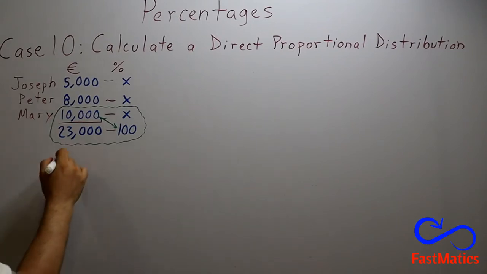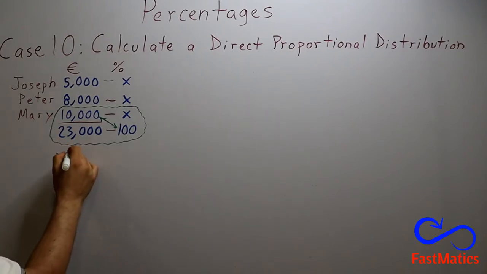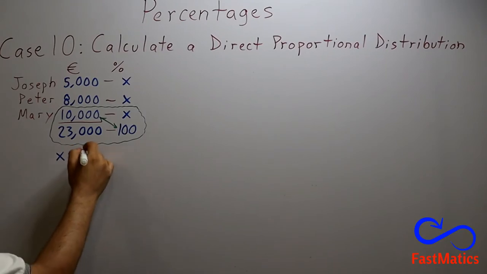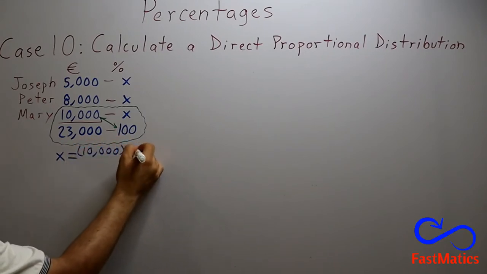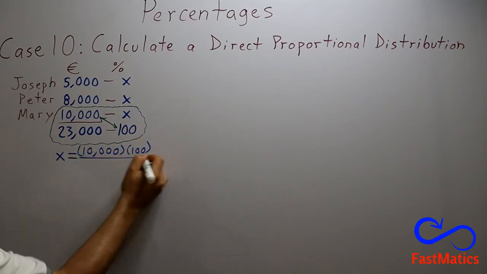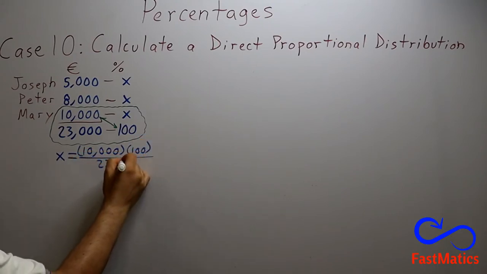So we're going to write x is equal to 10,000 times 100 divided by 23,000.